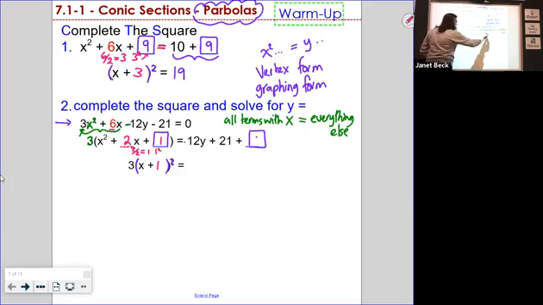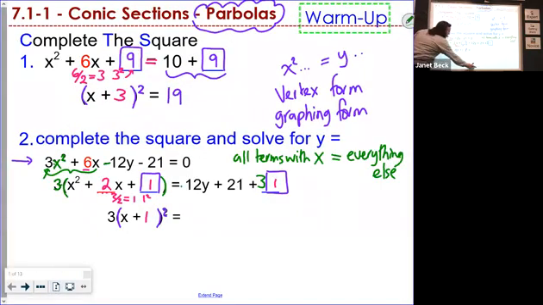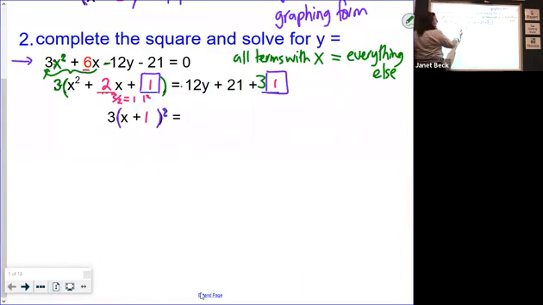I've got a 1 in the box, but we didn't just add 1 on this side. That was in parentheses, and that 3 gets distributed to it. So we've actually added 3 to the other side. We've got 3 times (x plus 1) all squared equals 12y plus 21 plus 3, which is 24.